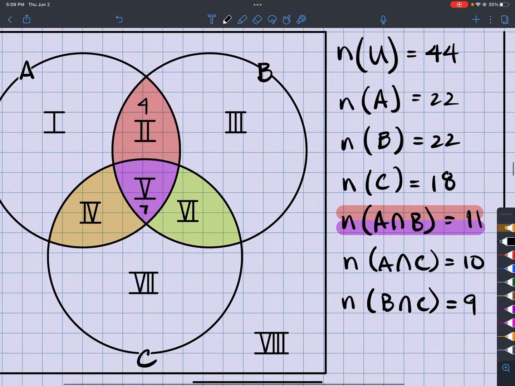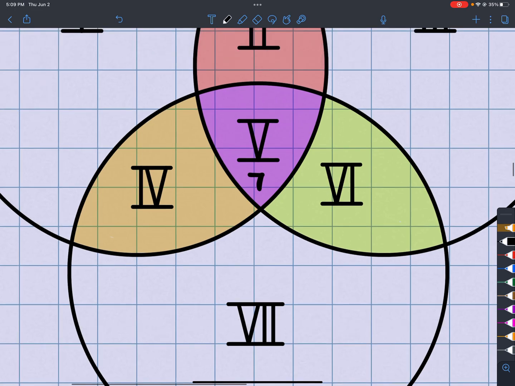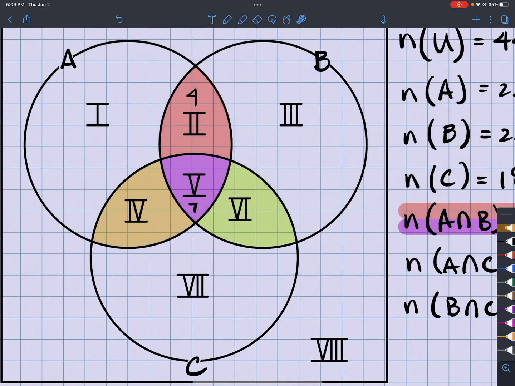All right. So let's take a look at this 4 here. If I look at this region, again, same thing, this right here is the intersect of A and C, which is region 4 and 5.